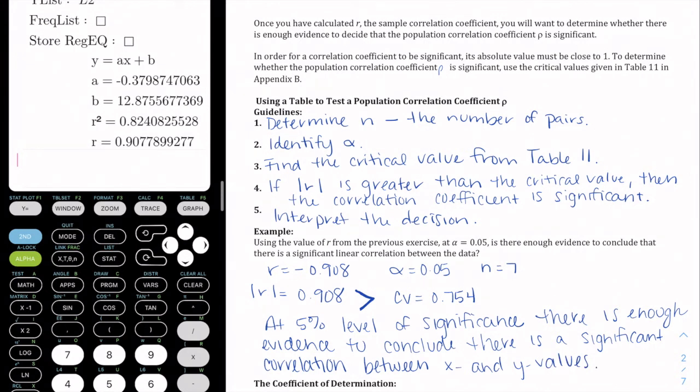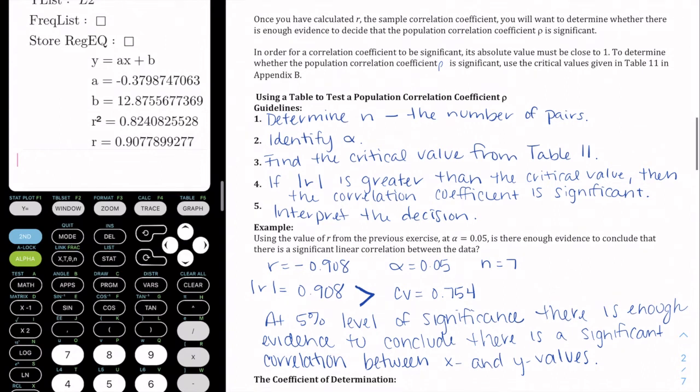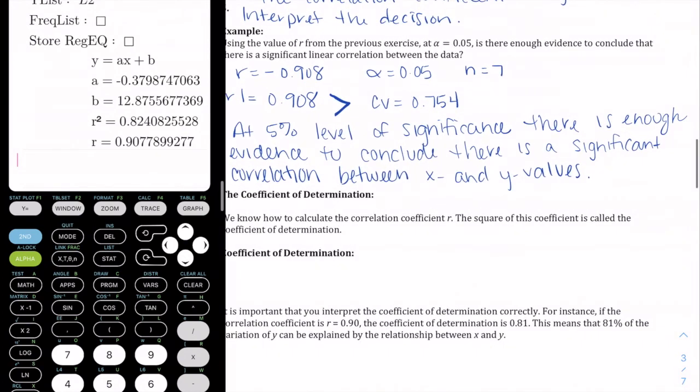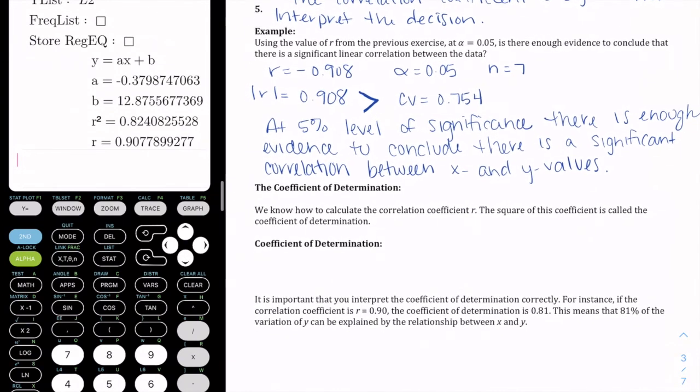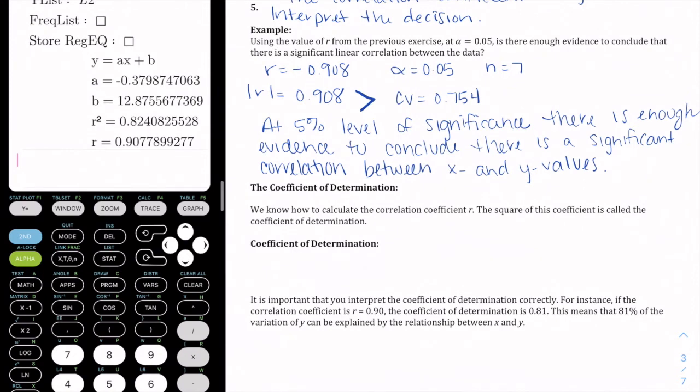All right. So now that we know that there's significant correlation, we have a couple of things we can then find. So the first thing we're going to look at is the coefficient of determination. Once we've calculated R, the square of its coefficient is called the coefficient of determination.